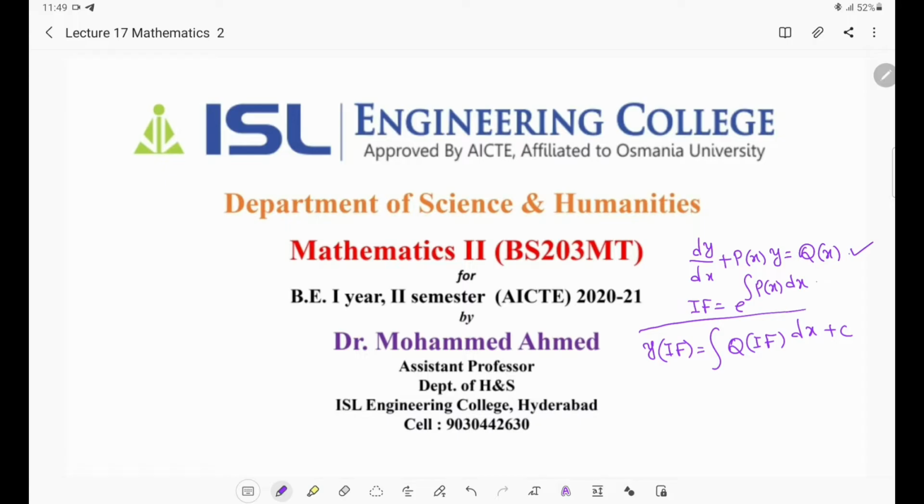This is the general solution for the first order linear differential equation, right, where the integrating factor is given by e power integral p of x dx. Here p of x and q of x are functions of x alone or constants. So this was discussed in the last class.